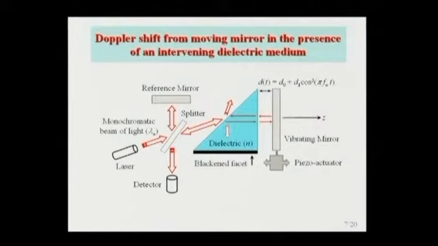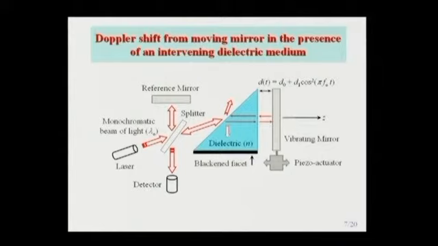So you interfere the reflected light from this mirror with the reflected light from that mirror, and at your detector, the signal that you detect tells you what the phase is, the phase of the light reflected from this mirror. And that phase is now a function of time because the mirror is vibrating, and if you differentiate that phase with respect to time, you get the Doppler shift.